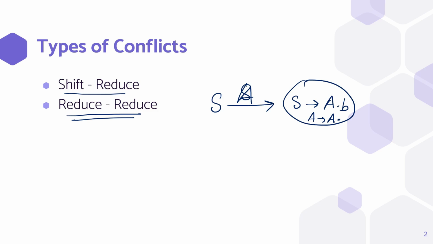It is being reduced and it is being shifted also. So you can see that on reading small a, it is shifting to this, and on reading capital A, it is getting reduced to this. So you can see that this particular state has a shift-reduce conflict.